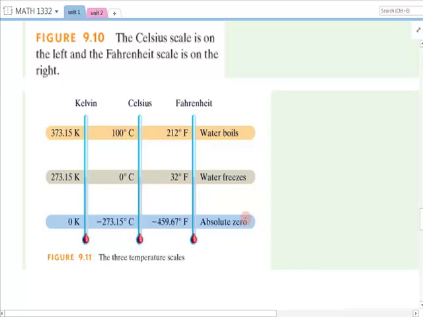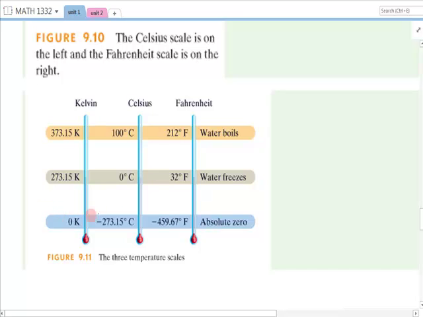We don't really have to talk too much about absolute zero, but absolute zero is the temperature at which molecular motion stops. So we know that water freezes, it becomes solid. It's solid, but inside those water molecules, there is still motion going on. If you ever get something cold enough to be absolute zero, molecular motion stops.